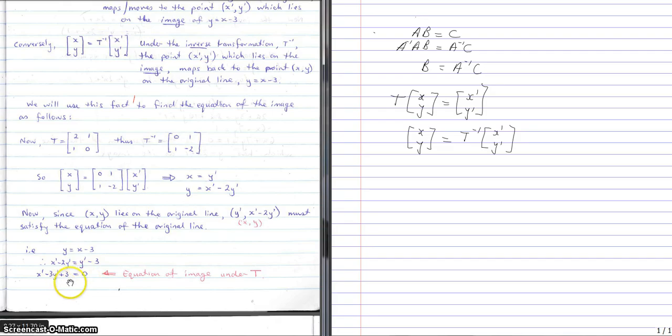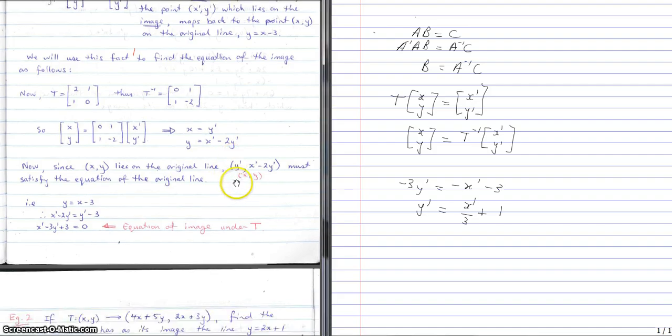You could write it with y' as the subject. In doing that, you're going to have negative 3y' equals negative x' minus 3. So y' equals x' over 3 plus 1.